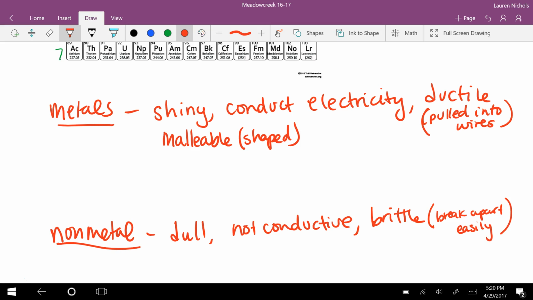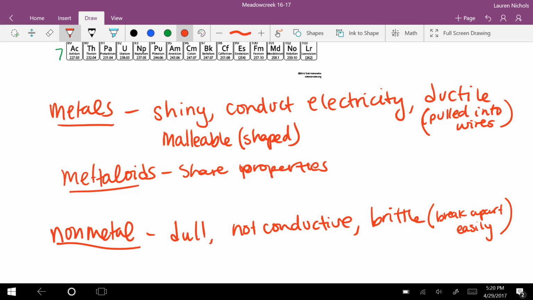And then metalloids share properties with both. So this means if you had a substance that was shiny, but it was brittle, that would be a metalloid.